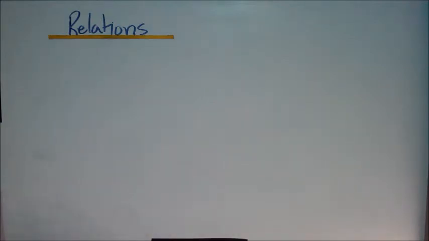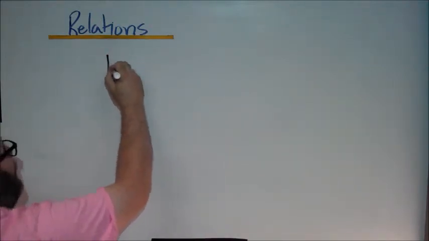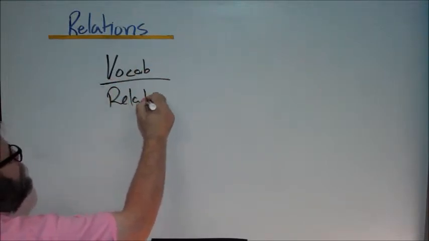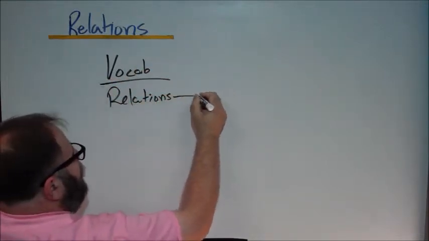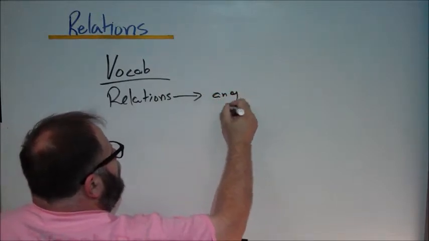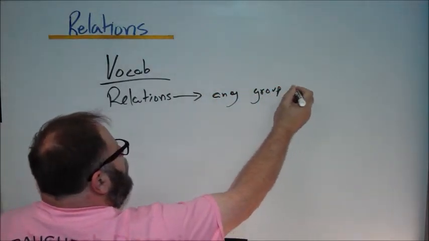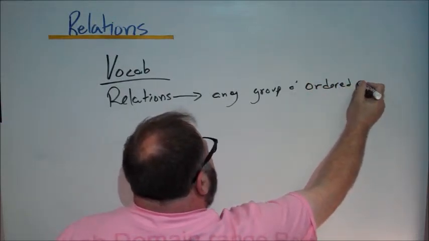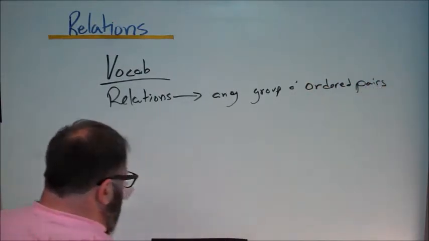Okay, in the review, what do we got here? We've got a bunch of vocab in this one. So we've got relations themselves. Relations are any group of ordered pairs.